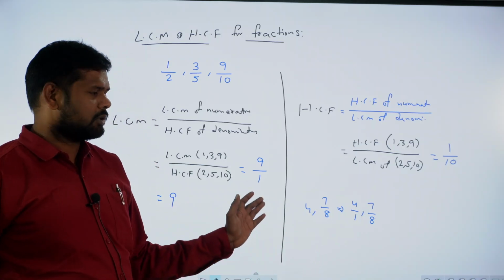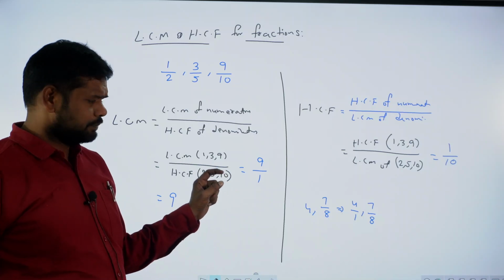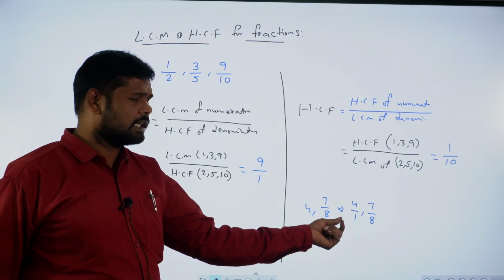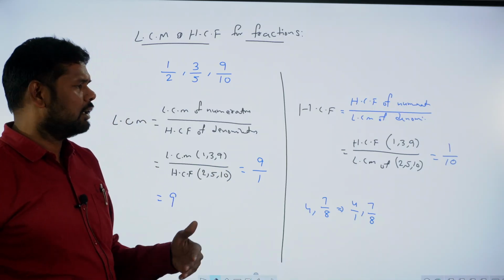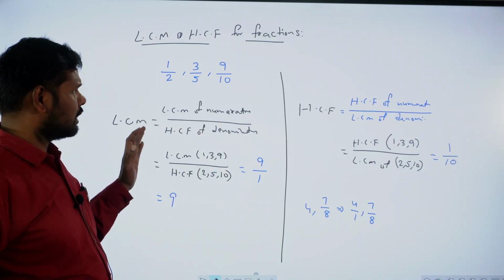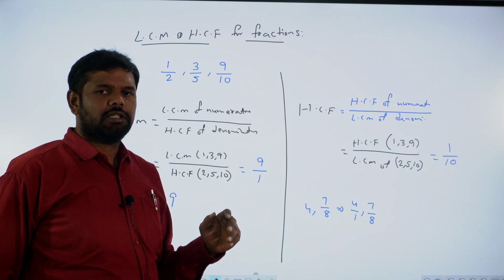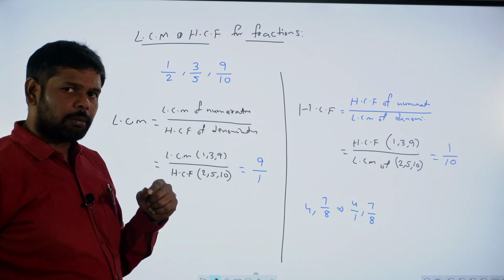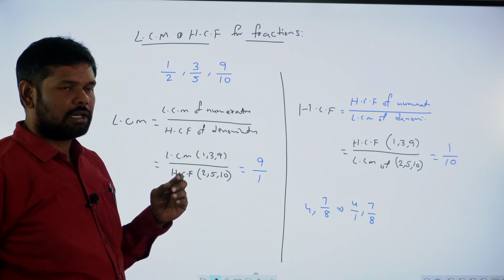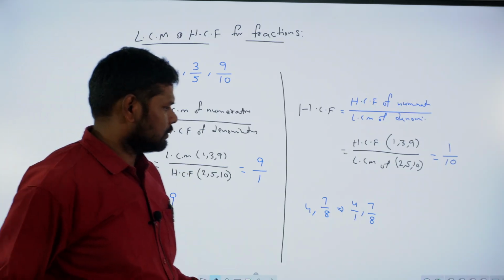That's why, when 2 or 3 fractions are given and one is a direct integer, you consider the denominator as 1 and find the HCF and LCM. This is the other case. These are the basics for LCM and HCF. At the time of problems, you will get a very clear idea what type of problems they are asking, and we will go further.